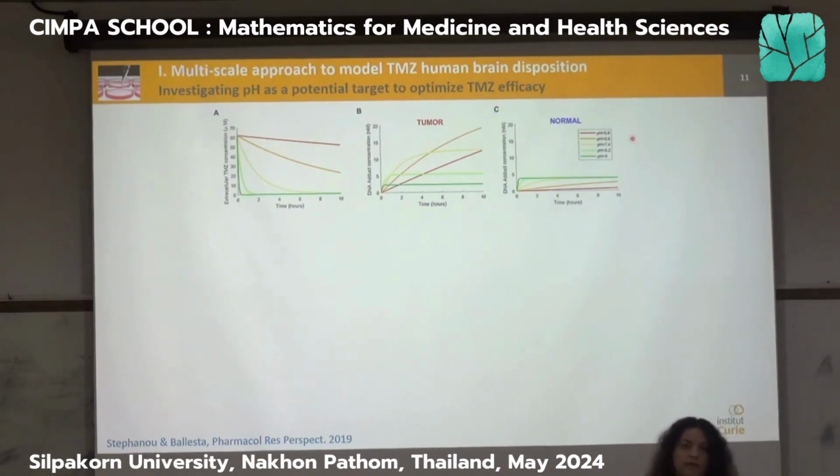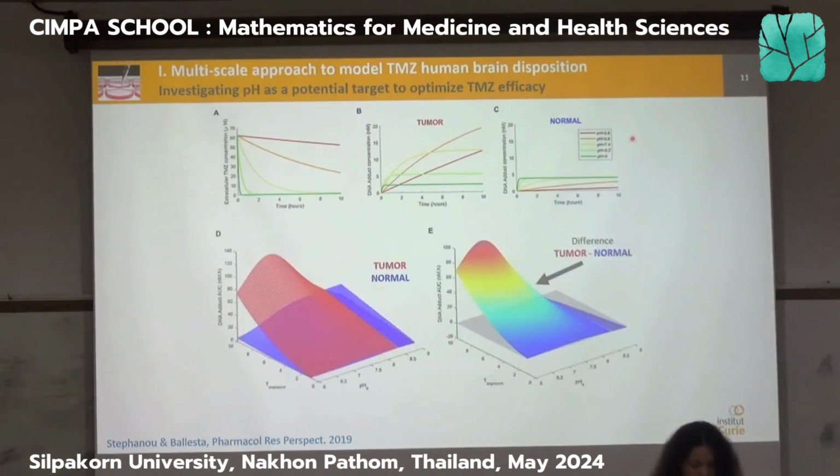So basically, you will have more DNA damage, so eventually more cell death in cancer cells due to temozolomide administration when you have a pH which is acidic. And this is just driven by the pharmacokinetics of temozolomide.